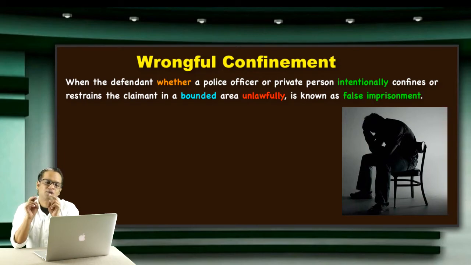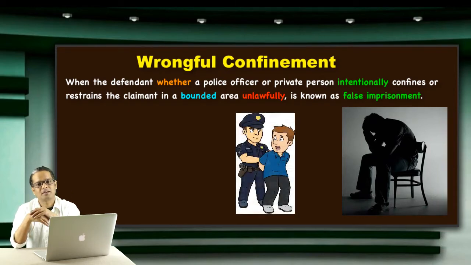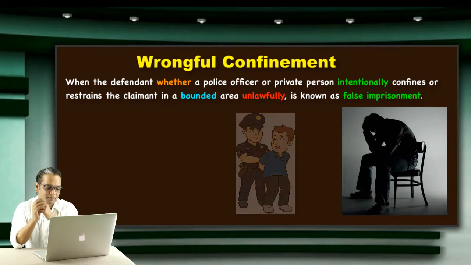So you need to focus on these two points. The claimant hasn't given consent for such confinement, and the police officer or the private person did it without any reasonable justification. So that is false imprisonment or wrongful confinement.